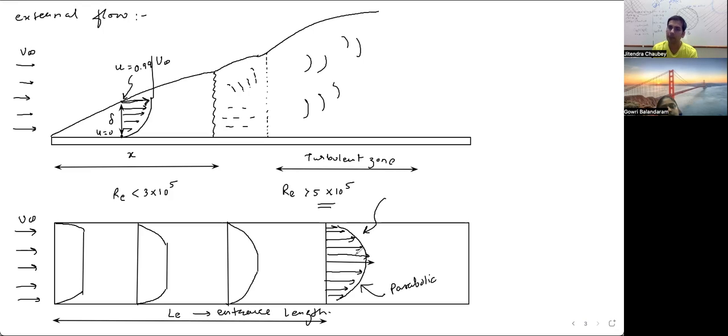The flow will always be parabolic, unless the laminar property is disturbed. If the flow is laminar, this parabolic profile will never be affected, and such flows are called fully developed flow. These are not fully developed.